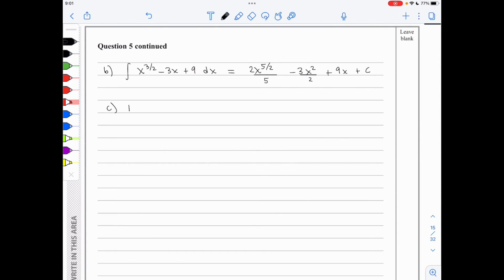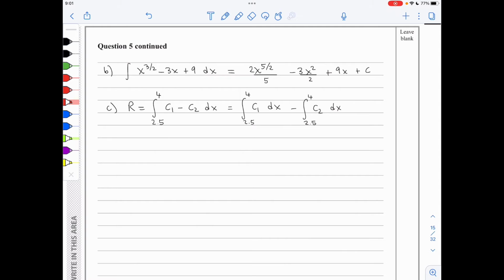So the area R is the integral of C1 minus C2 with respect to x, with the limits being 2.5 and 4. So this will be the integral of C1 with respect to x from 2.5 up to 4 minus the integral of C2 dx with the same limits, 2.5 and 4.